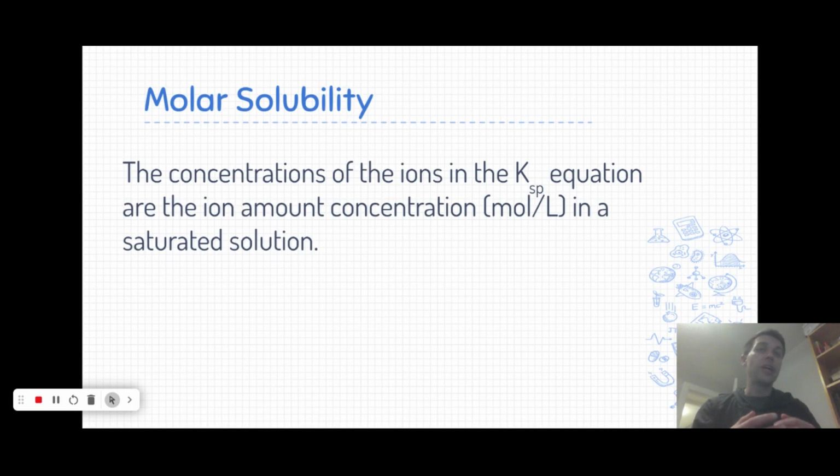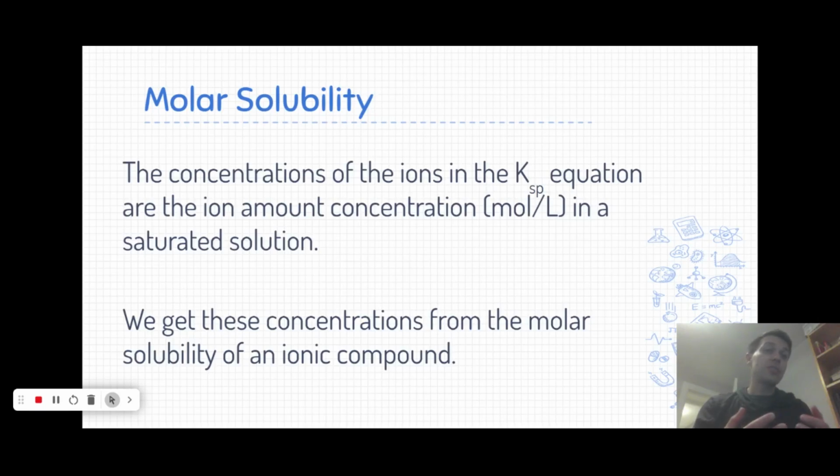Specifically, those are ion amount concentrations measured in moles per liter in a saturated solution. That's because a saturated solution, by definition, is at equilibrium. So the concentrations we are substituting into the KSP equation, as always, are equilibrium concentrations.